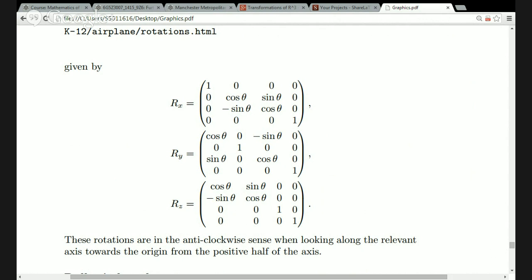Theta is going in the anti-clockwise direction around the x-axis as you look back to the origin from a positive point on the x-axis. So it's a bit of a mouthful to specify that. Theta is the angle that's going anti-clockwise like that. Of course, if you looked at the same rotation from a point on the negative axis, you'd see it going clockwise. This finger looks clockwise to me now, but it looks anti-clockwise to me then.